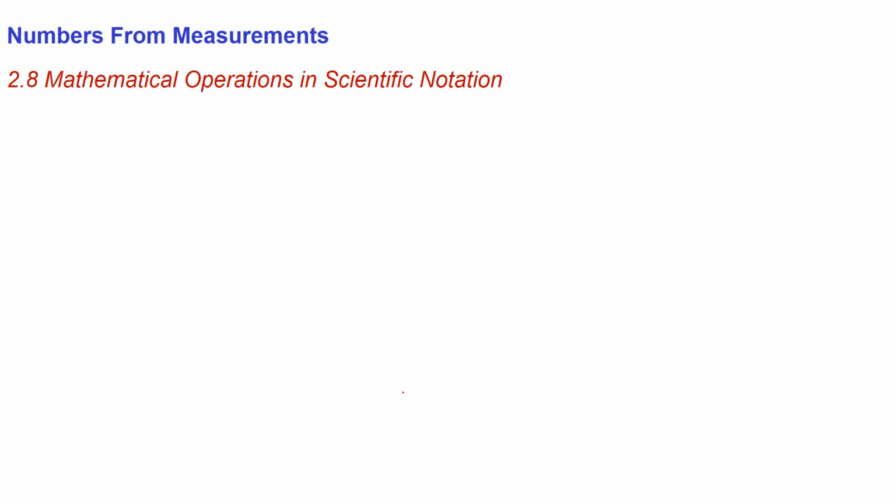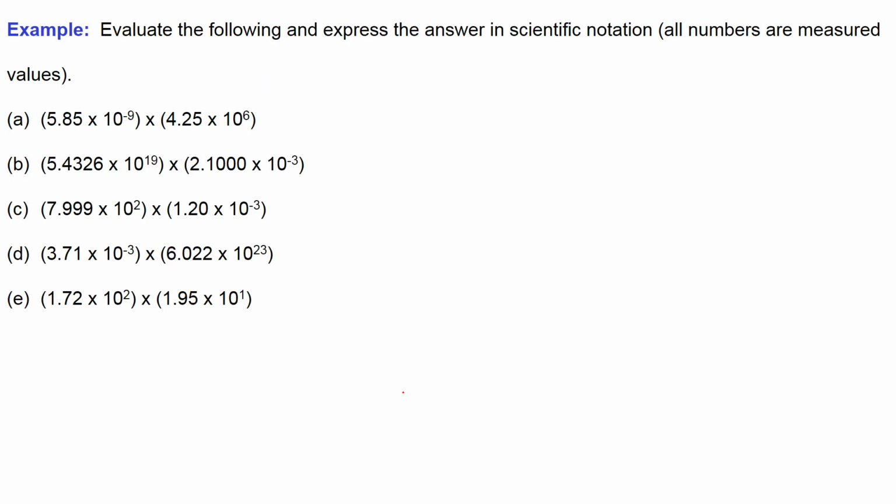So now we're going to learn how to add, subtract, multiply, and divide using scientific notation, and how to enter that math into our calculator. So let's have a look at some multiplication problems here. Sometimes these numbers are so big we could never convert them to decimal notation and enter our answers that way.